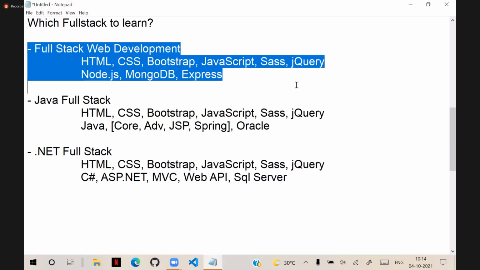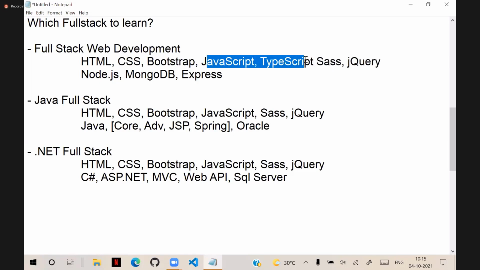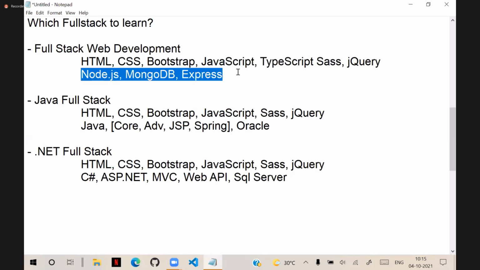This is simple. Why Node.js, MongoDB, Express? Because we are learning only one language. What is that language? JavaScript. And I will give you knowledge of another language called TypeScript. These languages are enough to handle these. That means Node.js, MongoDB, Express, server-side technologies, we can handle with JavaScript only.